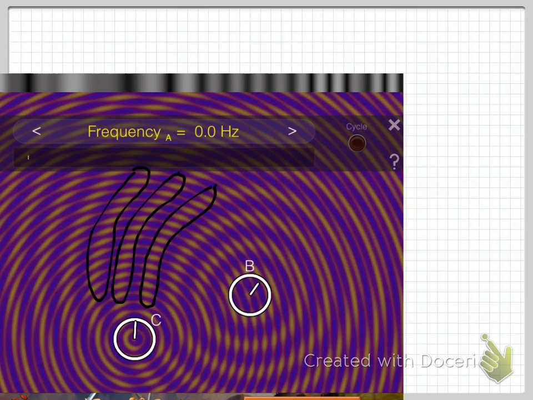Wherever we see the dark spaces, the skinny purple lines, that's where we have the destructive interference. So we have this pattern of alternating areas of constructive and destructive interference. Okay, that's what it looks like.